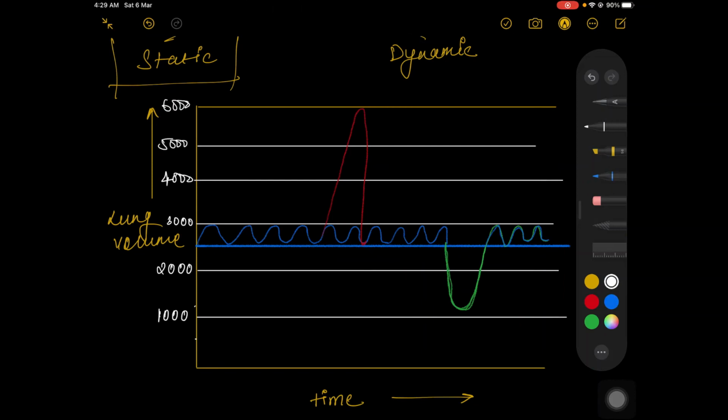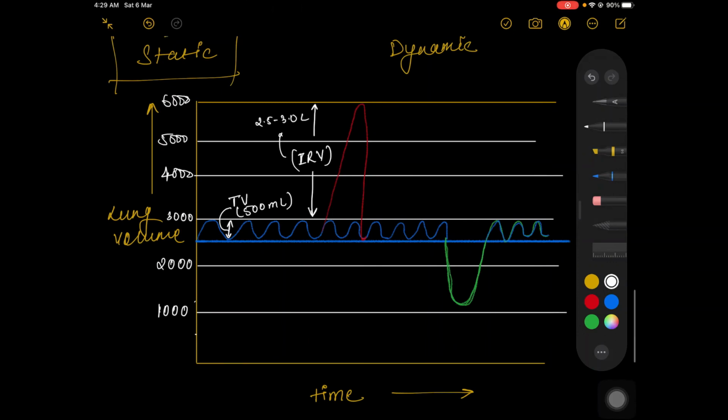What is this volume that is denoted by blue? This is the tidal volume, and it is around 500 ml. Other than the tidal volume, the amount we inspire with maximal inspiration is the inspiratory reserve volume, around 2.5 to 3 liters.